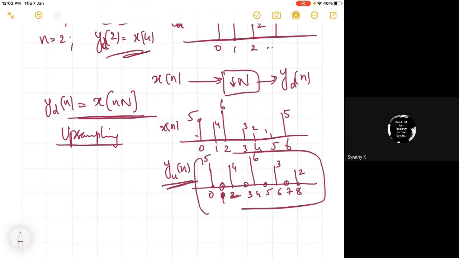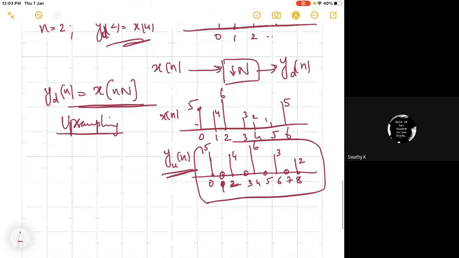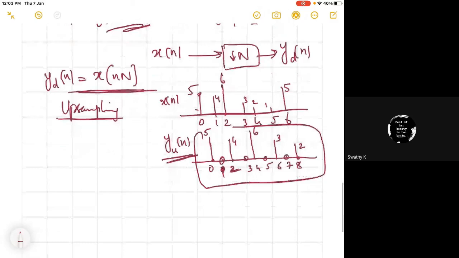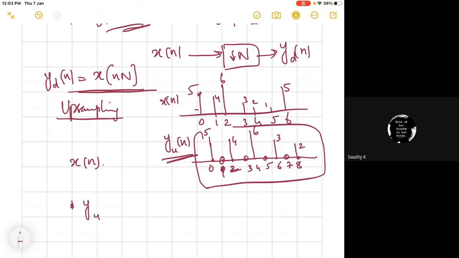The signal is this, but let us see what the equation is, or how you represent yu of n in terms of x of n. Your signal is x of n. What could yu of n be?